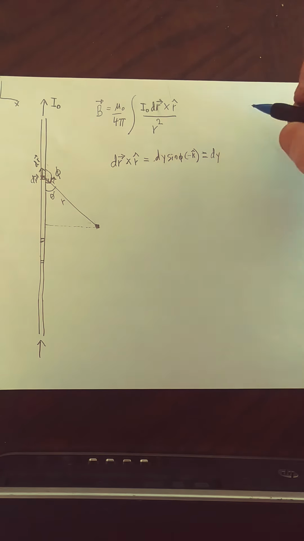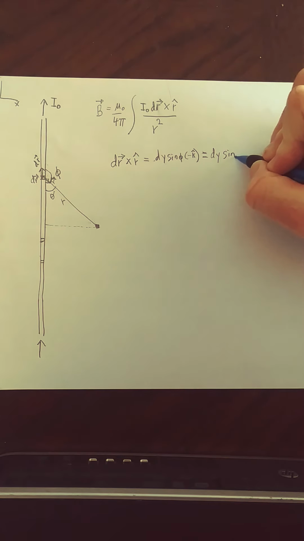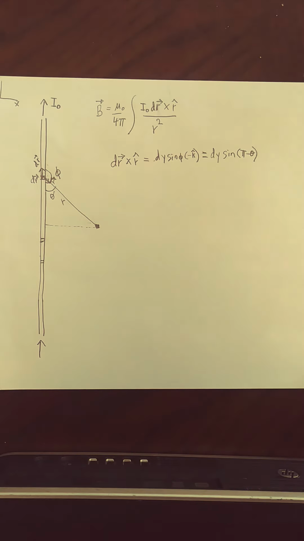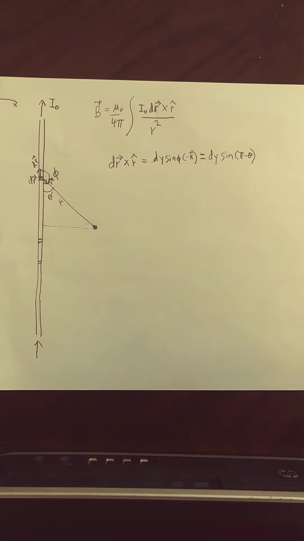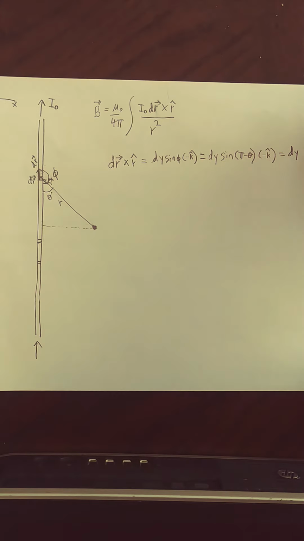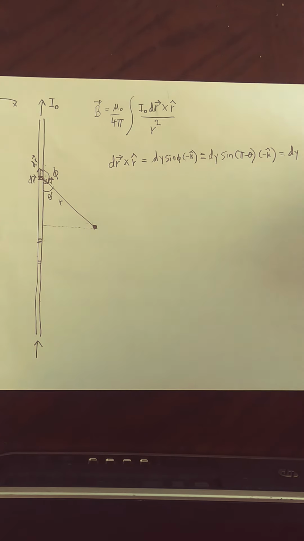The sine of phi is also the sine of 180 minus theta, since this angle phi is 180 minus theta. The sine of pi minus theta is the same thing as the sine of theta itself, and we still have the minus k hat.